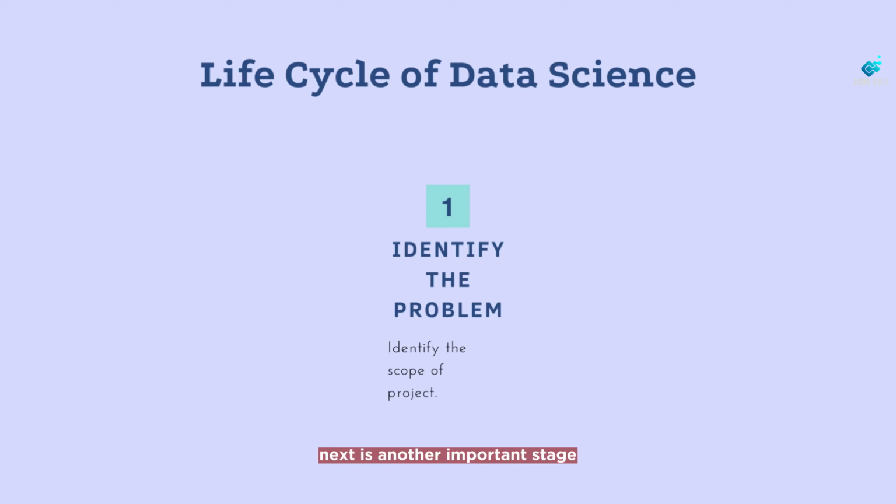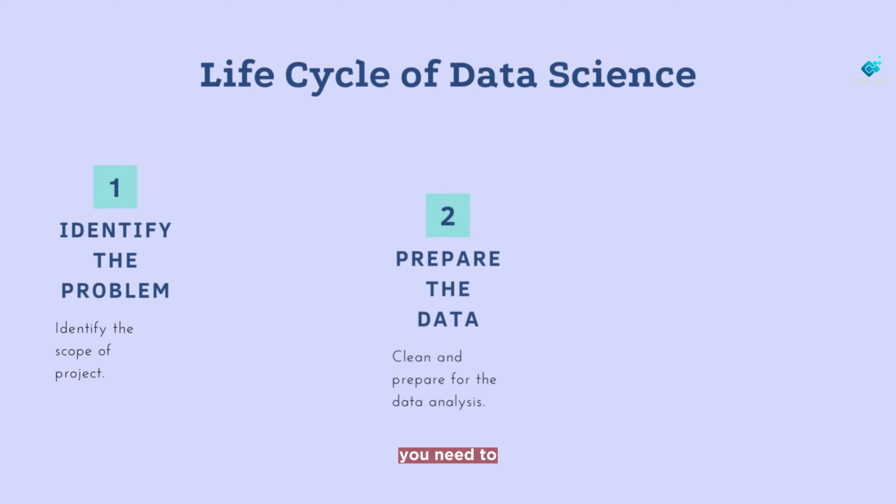Next is another important stage, which is called prepare the data. You need to take the data, get it from wherever it is stored, ask the client if you're working as a consultant, or find it internally and talk to the right person in the right department, get it, clean it, prepare it for analysis, check that it's complete, look out for anomalies, fix them, and then of course do some Q&A on the data.